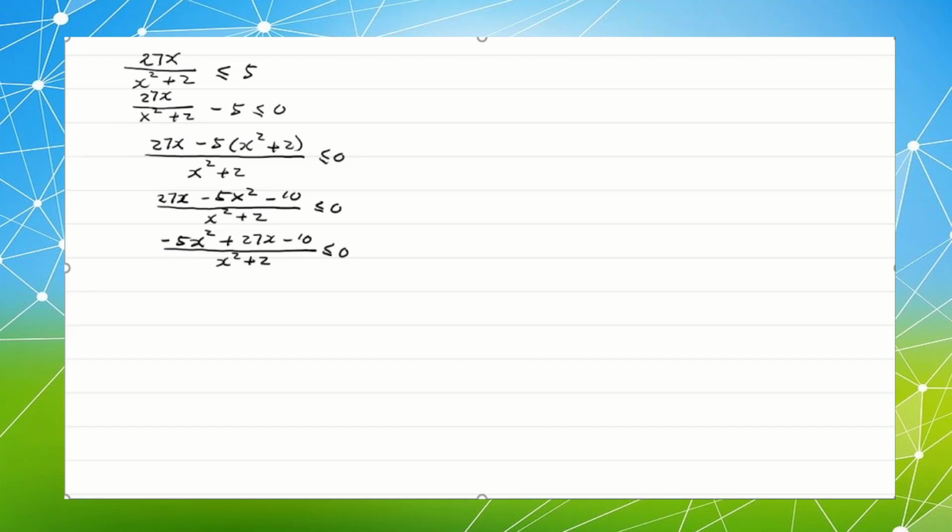So in order to reduce the chances of the student making mistakes, we need to change the negative quadratic into a positive quadratic. So in order to do this, we need to factor out the negative. Becomes negative of 5x squared minus 27x plus 10.